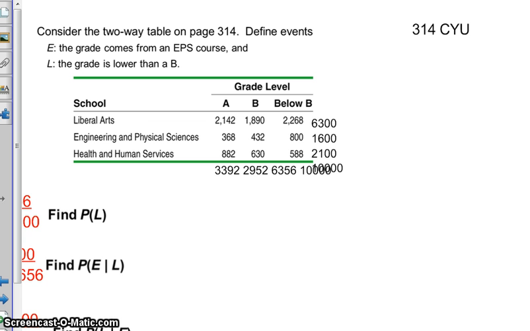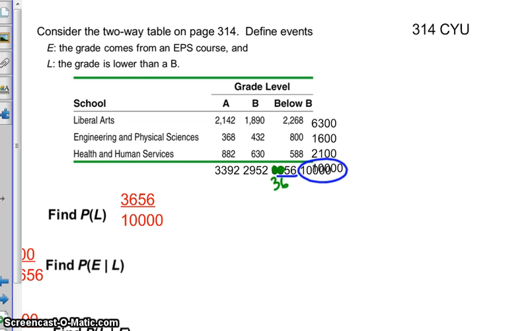So I'm going to take the 10,000 people here, and of those 10,000 people, how many had a grade below a B? I think I typed this in incorrectly, I apologize. It looks like it should be 3656.